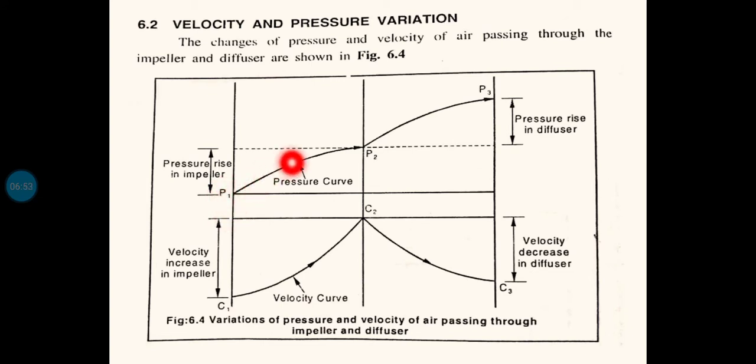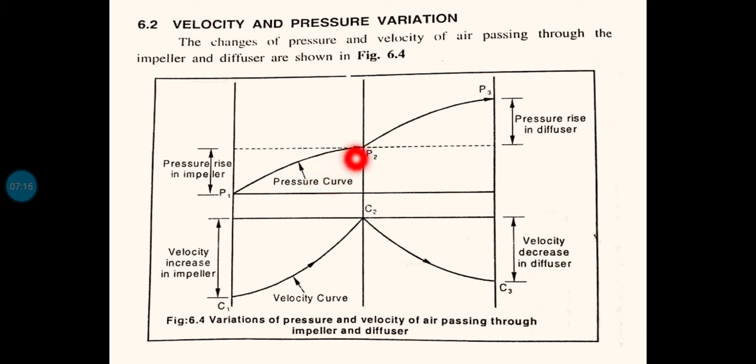From there up to here, it is passing through the vanes of the impeller, and this point corresponds to the tip of the impeller. As the air passes through the impeller vanes, from the eye to the tip, due to the momentum transfer there will be a pressure rise in the impeller. That pressure rise is shown by this portion.